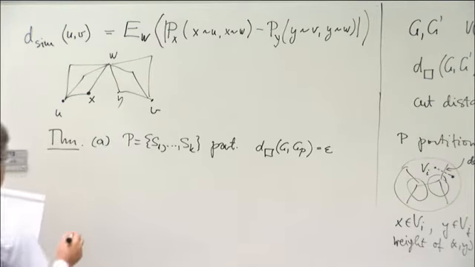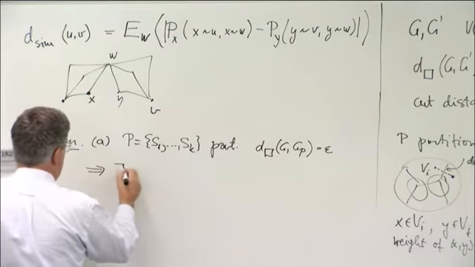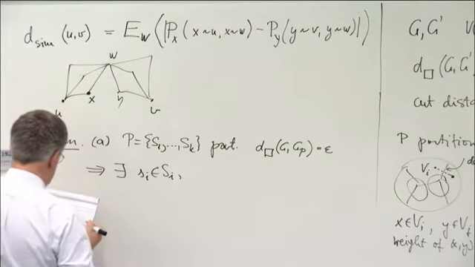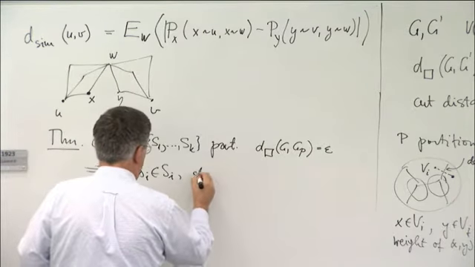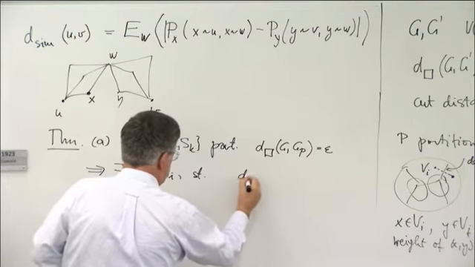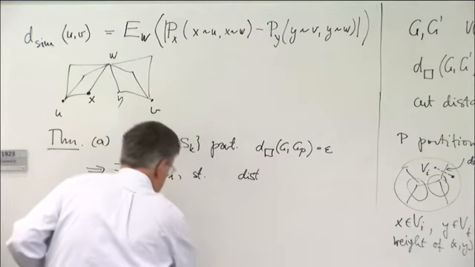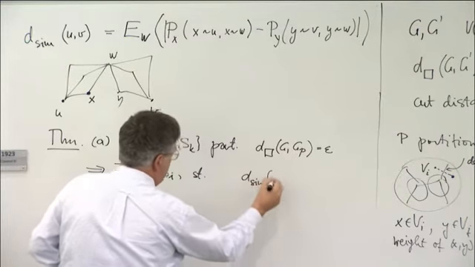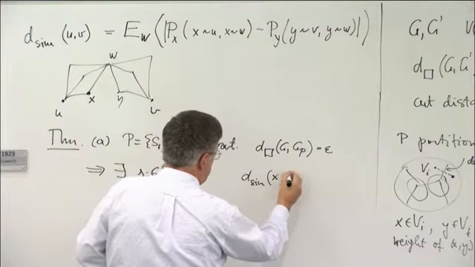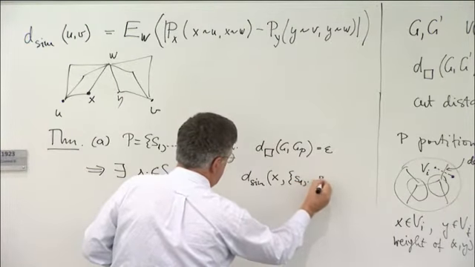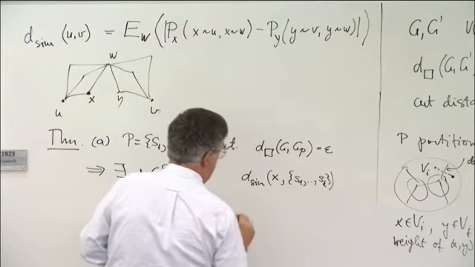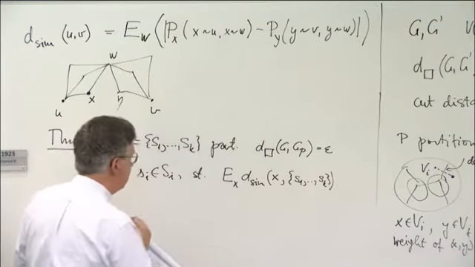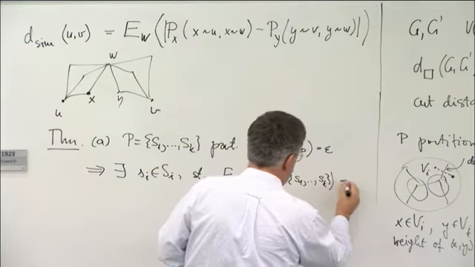Whatever epsilon is, then I can select representatives from these partition classes such that I look at the similarity distance of a node X from this representative set, and I take the expectation of this for a random point, and then this will be bounded by 4 epsilon.